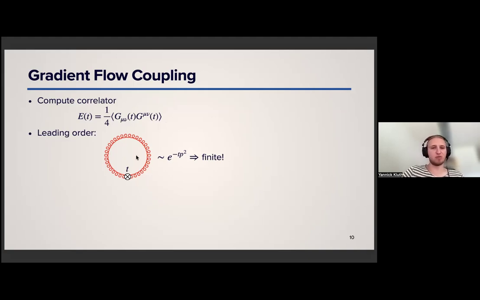And if you then write down the first, or the only Feynman diagram that you can, you get the 2-point Feynman rule here, and you contract the two B fields with the propagator. This propagator just gives you something that's proportional to this exponential factor from the gradient flow propagator. And therefore, we see that it's finite. So at one loop, we actually have a finite result for this sort of correlator that we can compute.